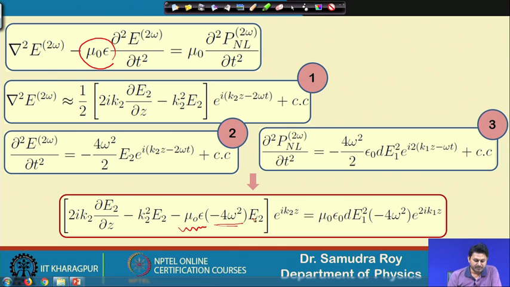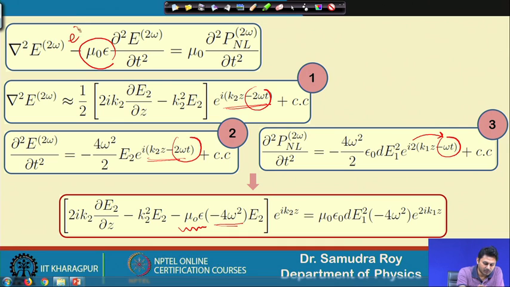So, one thing I should mention here about this exponential term, as I already mentioned, is that for all the cases we have a 2 omega term common. So, e to the power I 2 omega is the same for all the cases. That means the e to the power minus I 2 omega t term one can remove from all the sides.